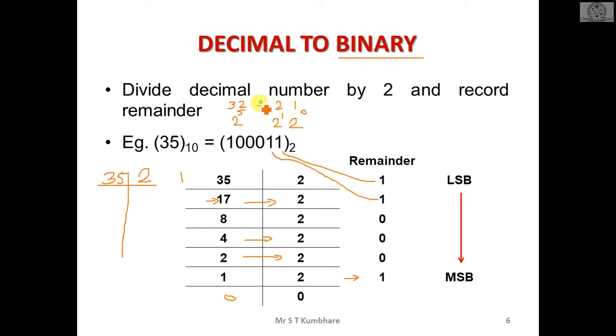So 32 plus 2 plus 1 will give you 35. Hence, whatever result we got is correct. Got it? So like this, we can find the decimal to binary conversion.